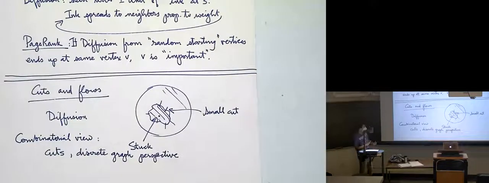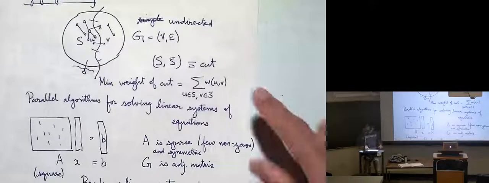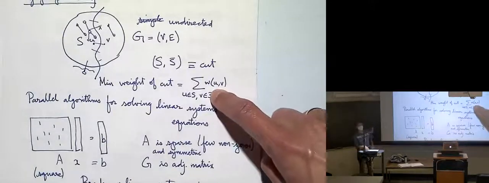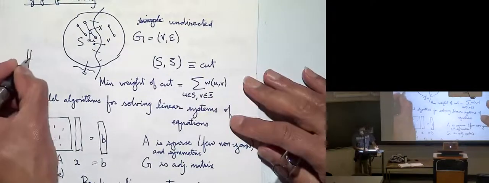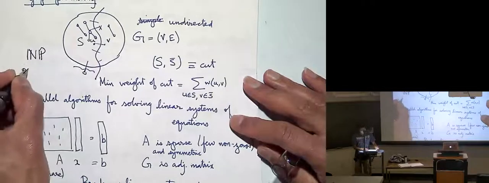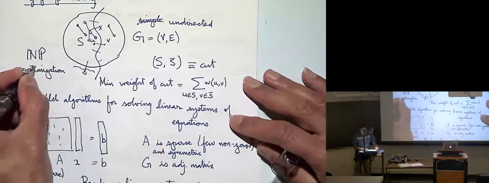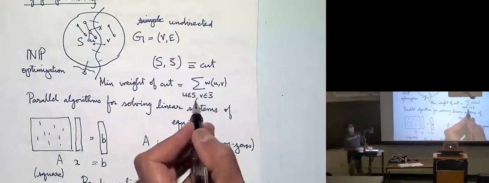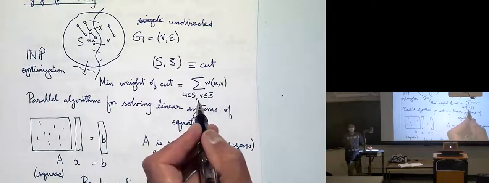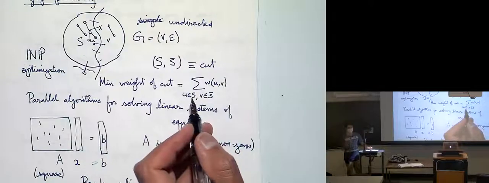By combinatorial, what I mean is things that only involve discrete objects, not continuous numbers. So when I give you this problem, as stated, it looks very much like our NP problems, the NP optimization. You have exponentially many choices, and you're minimizing over it. So it looks very similar to the kinds of things that we did in the course so far.